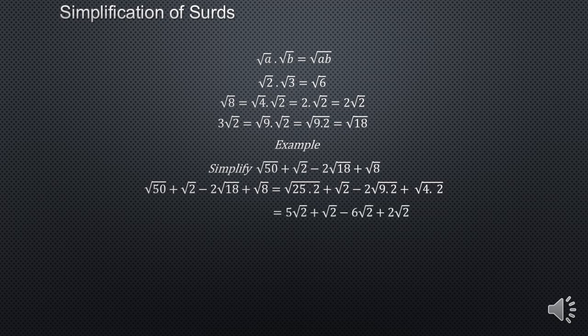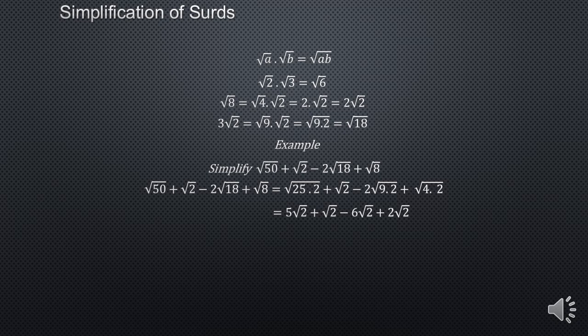Because root of 25 times 2 is the same as root of 25 times root of 2, we'll have 5 root of 2 plus root of 2 minus 2 times root of 9 times root of 2, and root of 9 is 3. So 2 times 3 is 6, so we'll have 6 root 2.